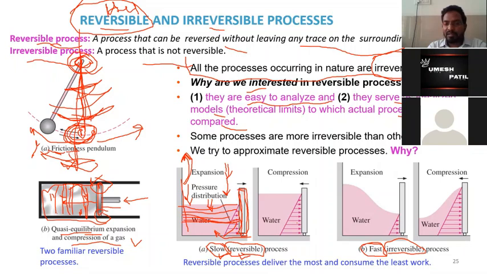Now, instead of adding this water slowly and steadily, if I drop some amount of water suddenly, what will happen? There will be a generation of wave, either of this nature or this nature, right?